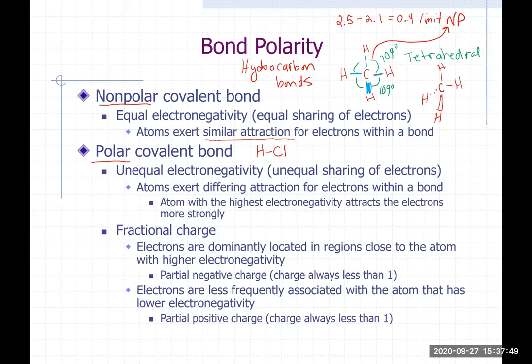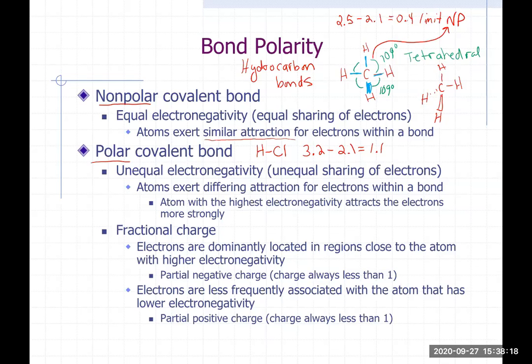So if we have this kind of bond, then we calculate what the difference is between the electronegativity of each of these. Well, for chlorine, the electronegativity is 3.2. And again, hydrogen we had above, it was 2.1. And if we calculate the difference between these two, we get 1.1.